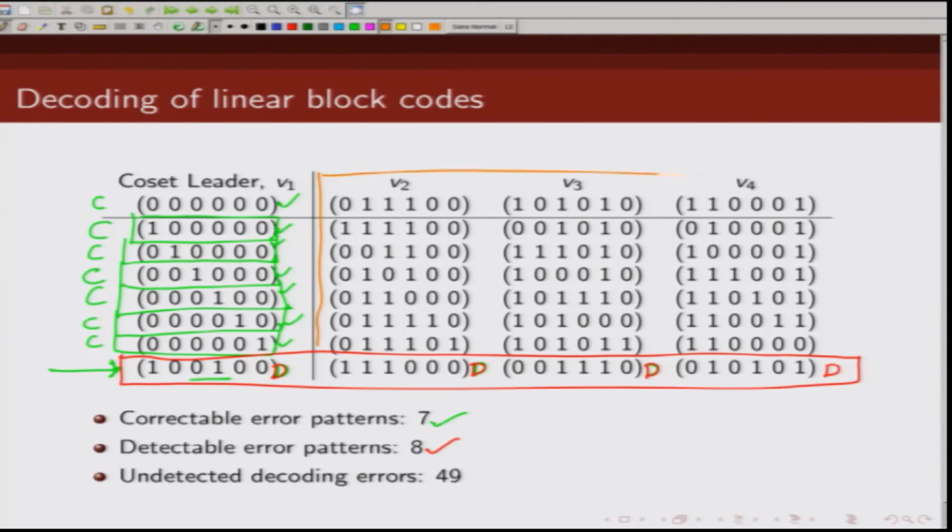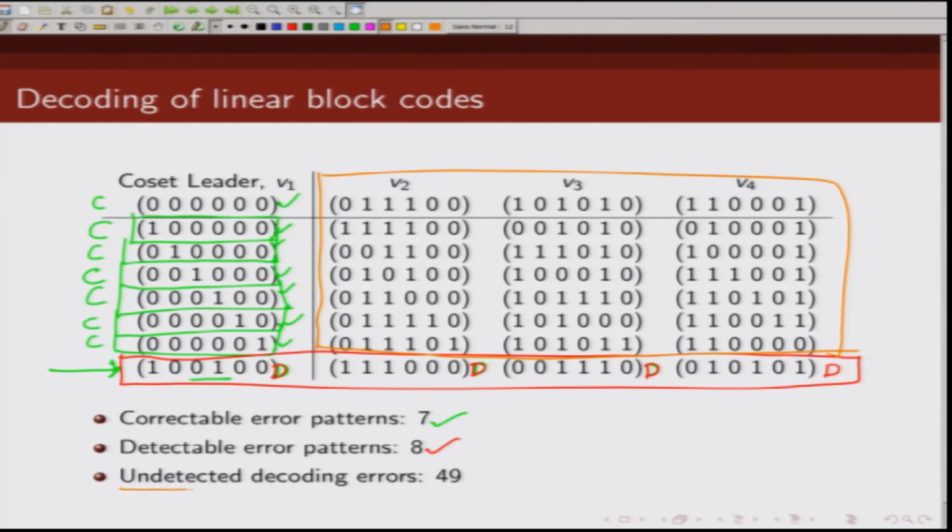Why? Because whenever any of these error patterns happens, I have already taken decision in favor of these coset leaders, because it is less likely to get this error pattern than this. So, these set of 49 error patterns, if any of these error patterns happen, then I am going to make a mistake.